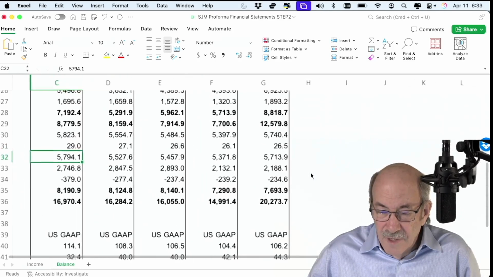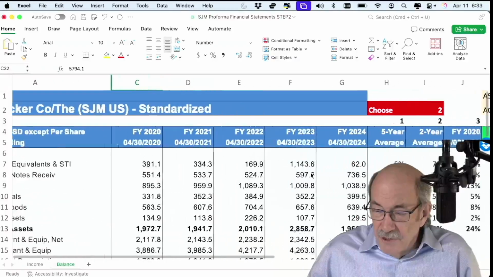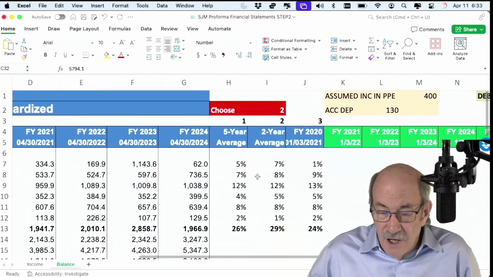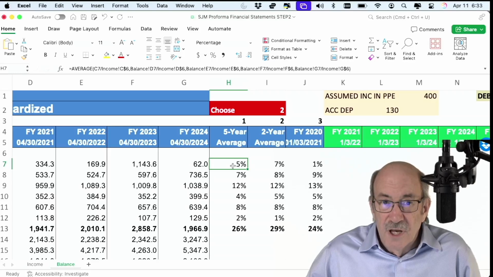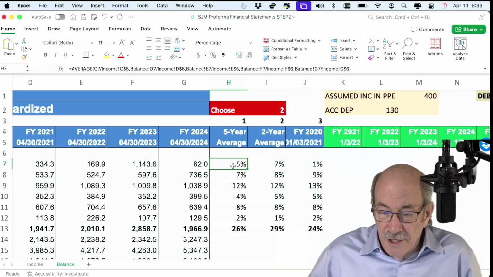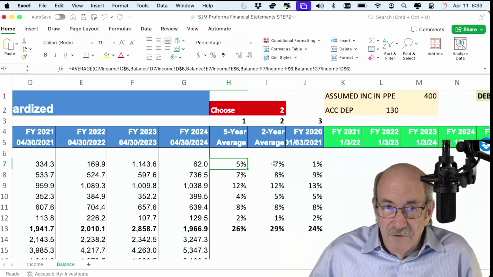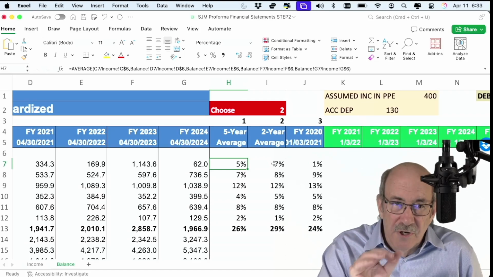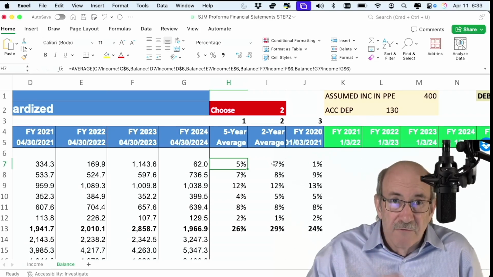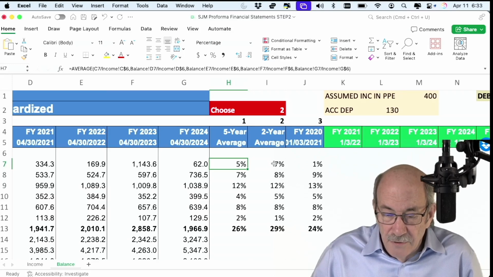All right. Now, some other things I've done here is I've also done these multiple number of years. I've done a 1, 2, and a 5-year percent of revenue for my current account.